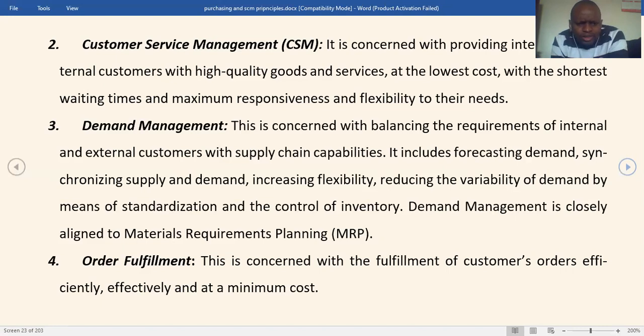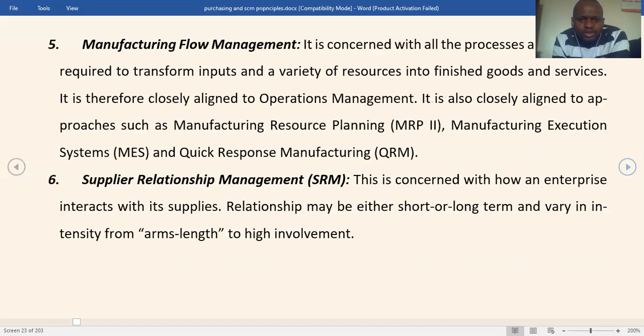The other important thing is order fulfillment. This is concerned with the fulfillment of customer orders efficiently, effectively, and at a minimum cost. So you're able to fulfill the orders of your customers at a lower cost. The other one is manufacturing flow management.